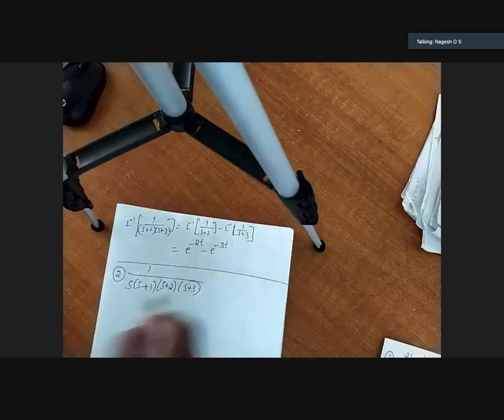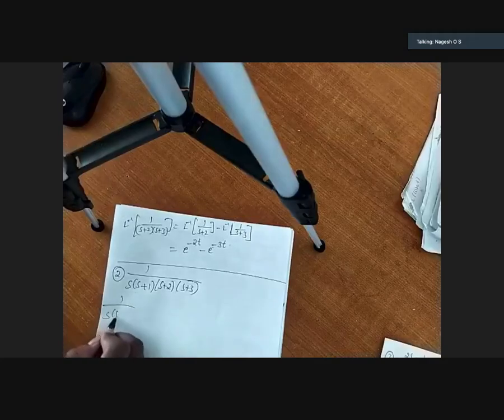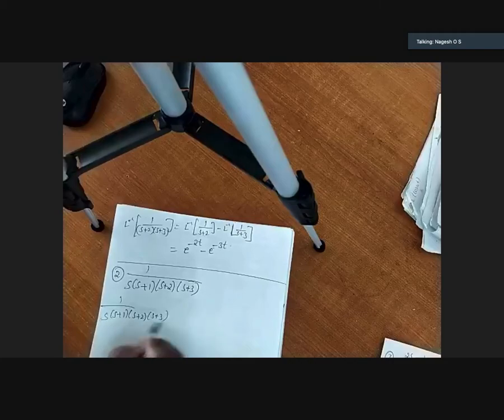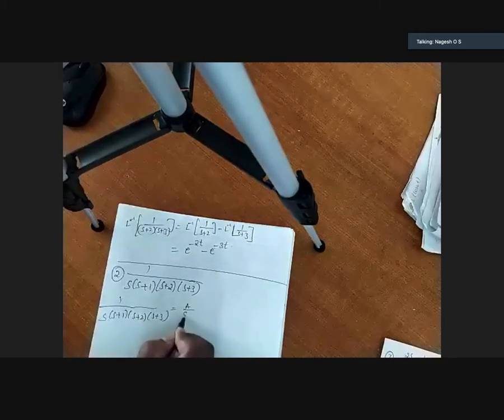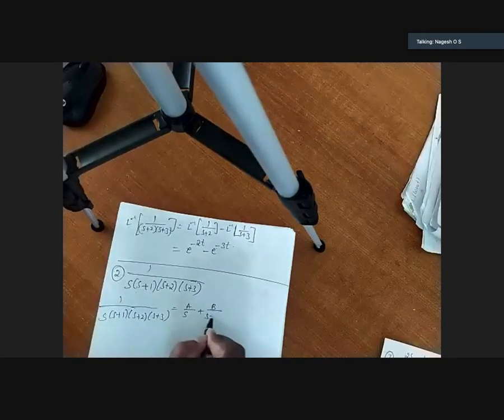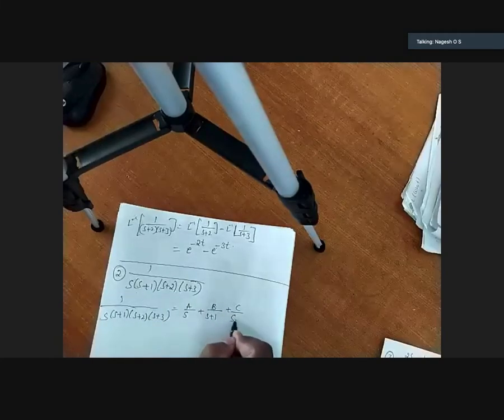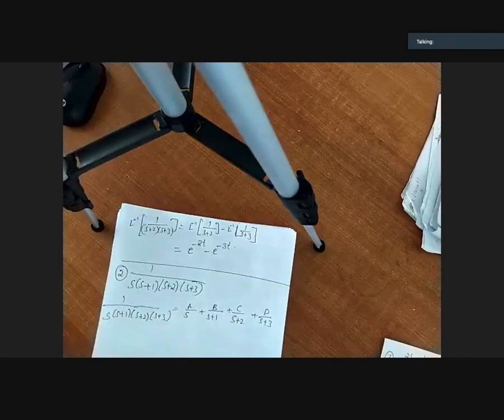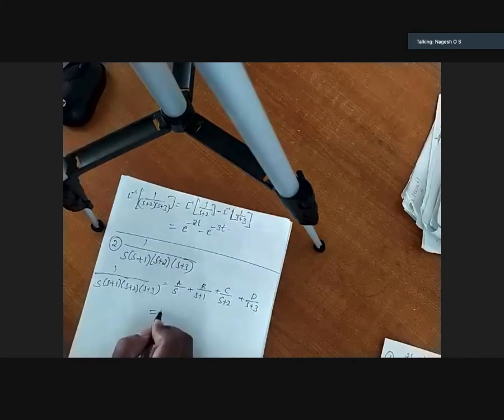First, you can write 1 by s into (s plus 1)(s plus 2)(s plus 3) as A by s plus B by (s plus 1) plus C by (s plus 2) plus D by (s plus 3). Next, take the LCM.